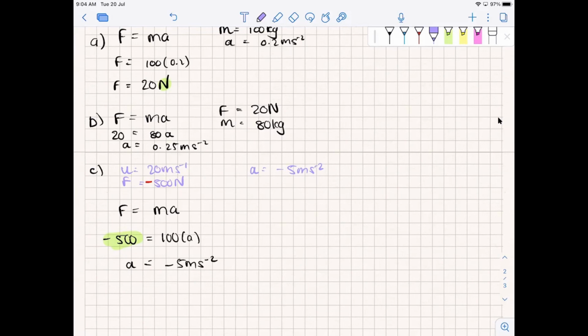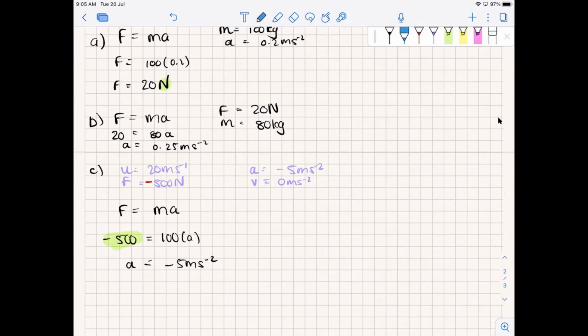So, Dominic, which formula would we use to find out displacement, given the information that we have? Because we don't actually have a lot, do we? Well, we've got initial velocity, we've got final velocity, we've got acceleration. So which one do you want to use?